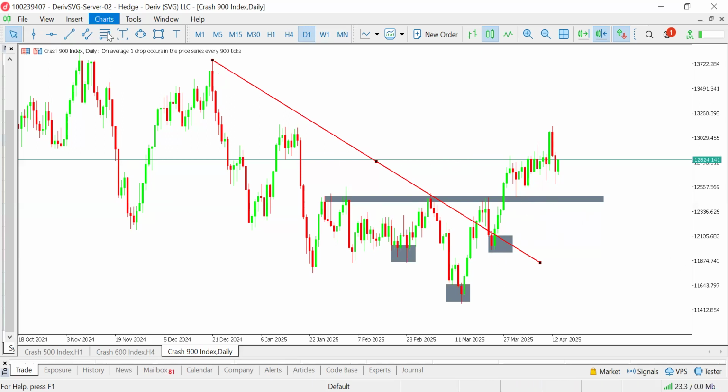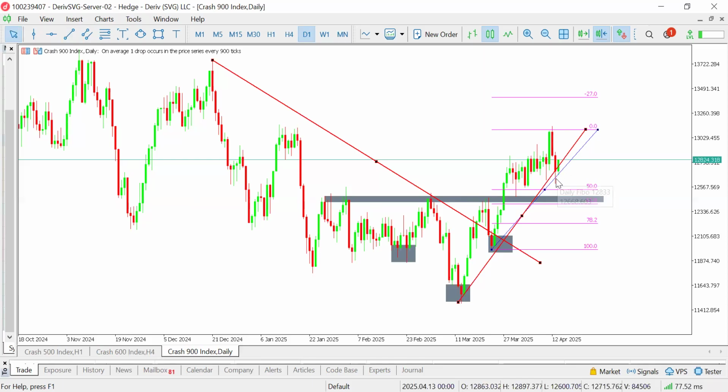So we can say that the market has actually changed from a downtrend to an uptrend. Just like we did for the first case, I can also input my Fibonacci retracement tool here, and we can see that our confluence is actually perfect. Now, why do I say it's perfect? Even if the trend line doesn't really go in properly, we can see that it has retested this trend line.